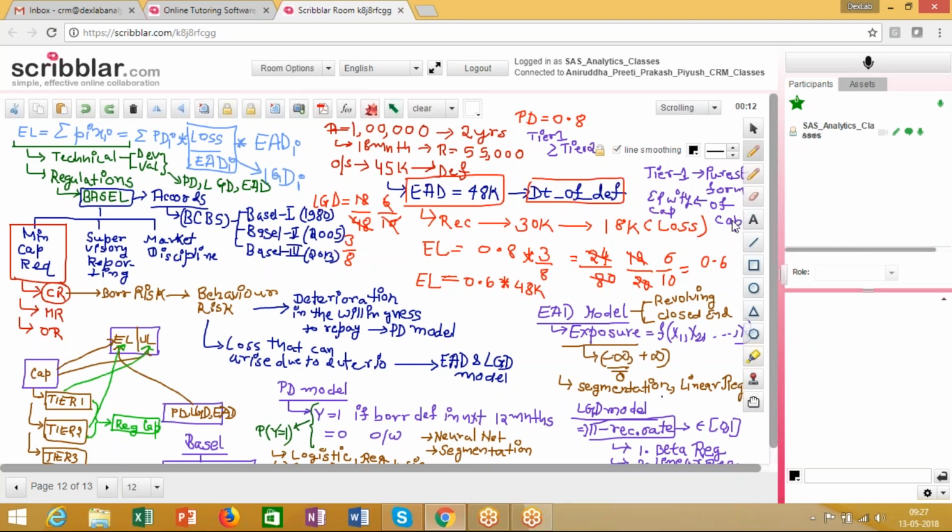And to compute the expected loss, we require three inputs. What are the three inputs that we require? One is a PD model, the second is the EAD model, and the third is the LGD model. And the product of all these three is the expected loss. We have also discussed why expected loss is the product of these three variables.